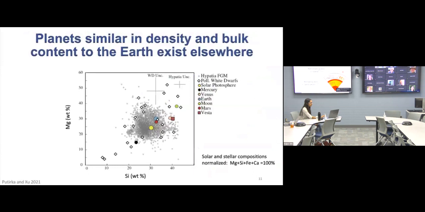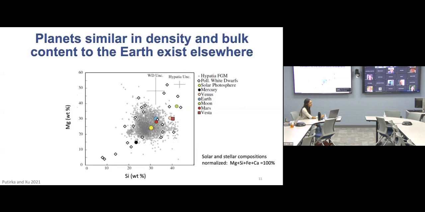So moving on. Okay, so here I'm showing a plot of magnesium and silicon content in a number of bodies, and magnesium and silicon are major planet forming material. This plot is showing the Earth and the other rocky bodies in the solar system, overlaid onto putative planetary composition derived from stellar and white dwarf pollution spectra.